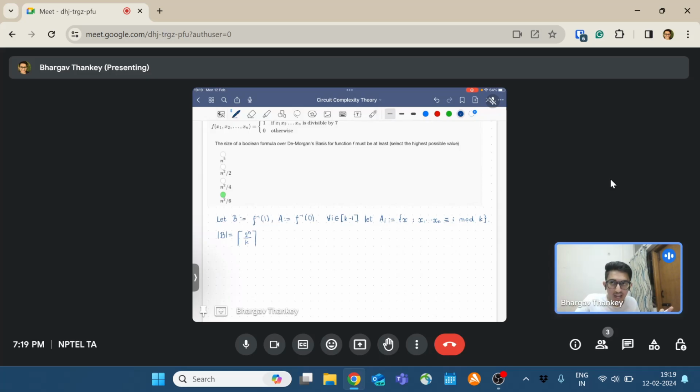So mk would be in B, where mk is less than or equal to 2 to the n. So this is less than or equal to 2 to the n, right?